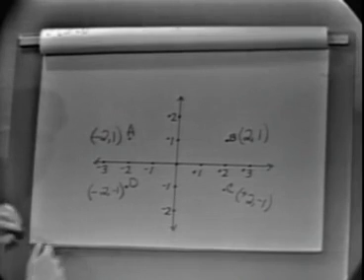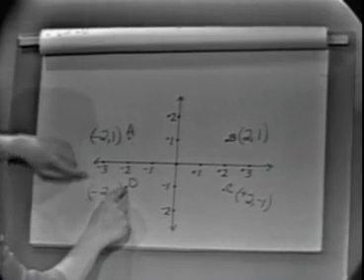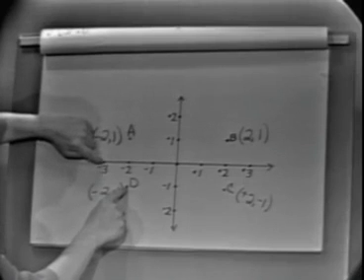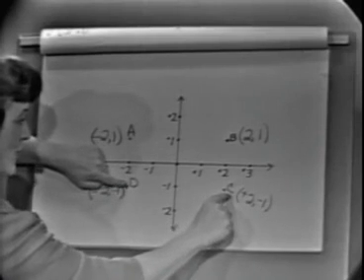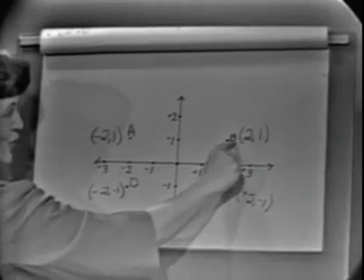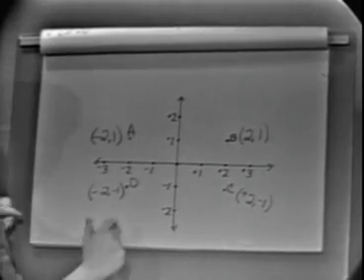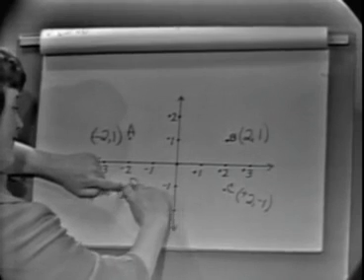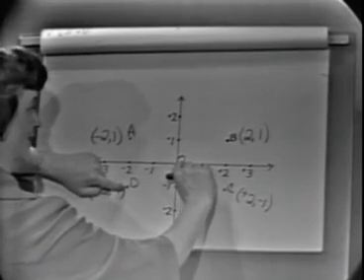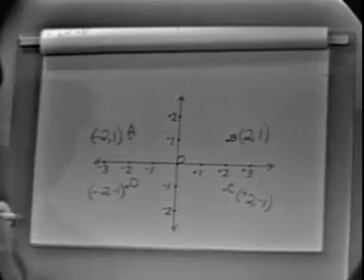We see here that this point is symmetric to A with respect to the horizontal axis. It's symmetric to C with respect to the vertical axis. It's symmetric to B with respect to the origin. Line segment DO, if we mark this, is congruent to line segment OB.